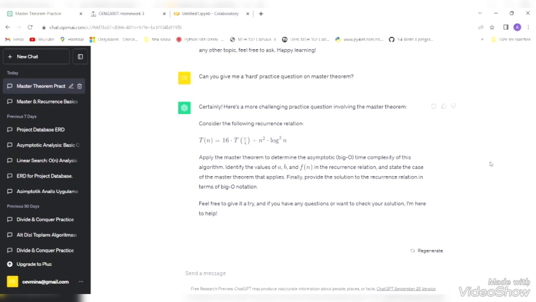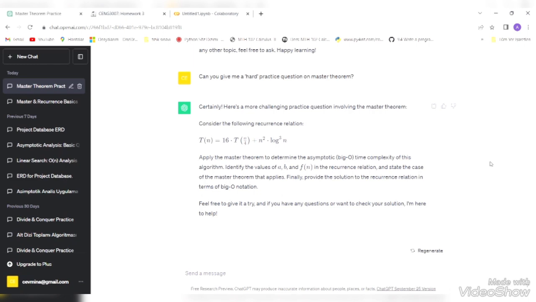Yes. Imagine you have a problem and you are solving it using a recursive algorithm. The algorithm follows a pattern defined by the recurrence relation T(n) equals 16T(n/4) plus n squared log 3n.